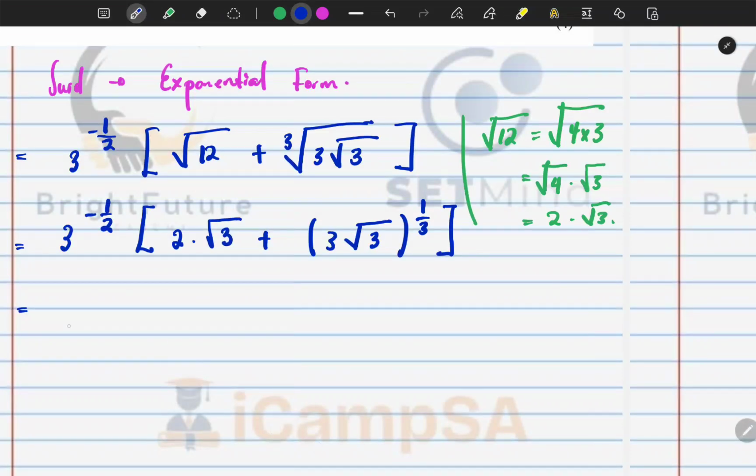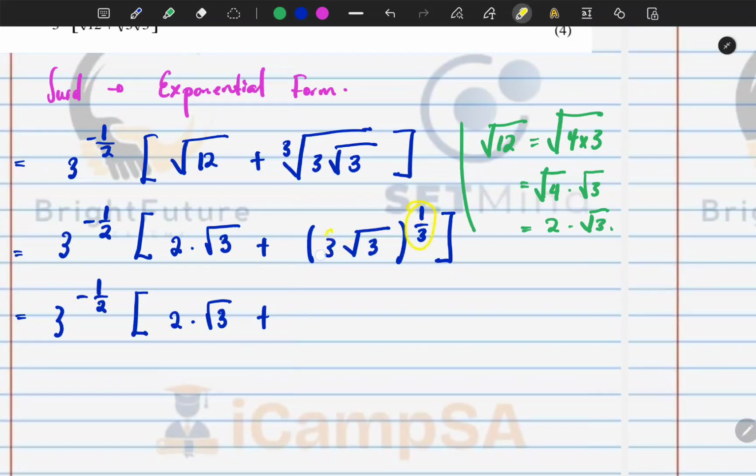We are going to distribute this, so you have a product: you raise this to this and then that.